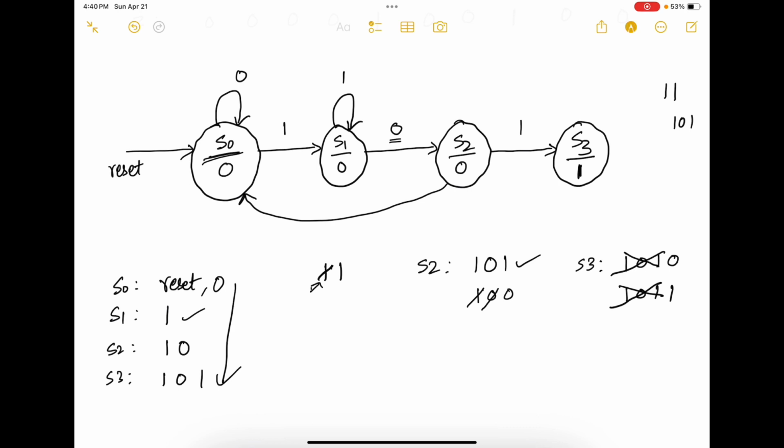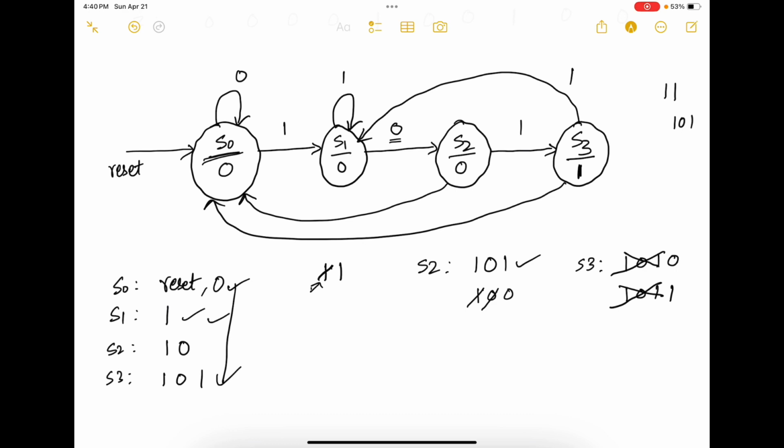If you get the input 0, there is a state S0 which matches 0, so you go to S0. And if you get a 1, which means that you are starting to detect the next sequence, you go to S1 because S1 can be reached by having a 1. This is how you design a Moore FSM where overlapping sequences are not allowed.